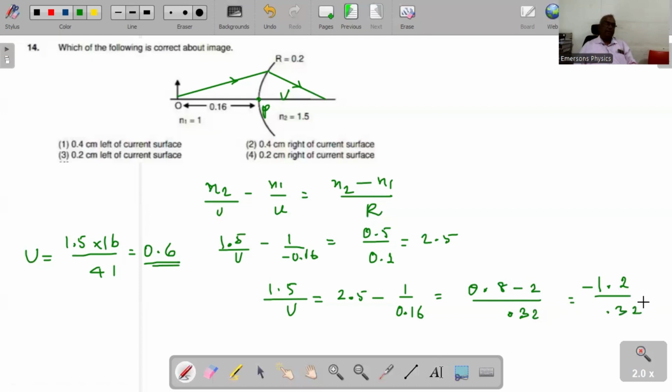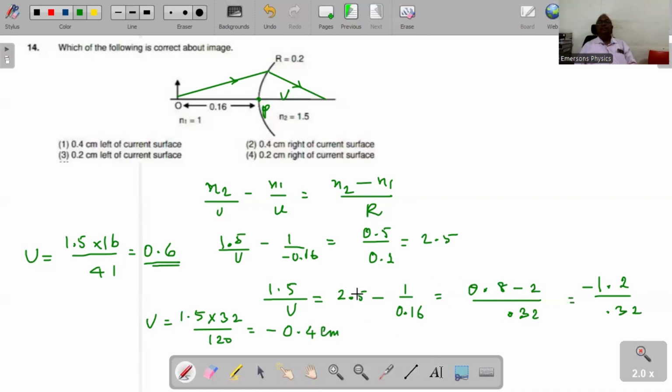When you cross multiply the value, V will be equal to 1.5 into 32 divided by 120, which is minus 0.4 centimeter.